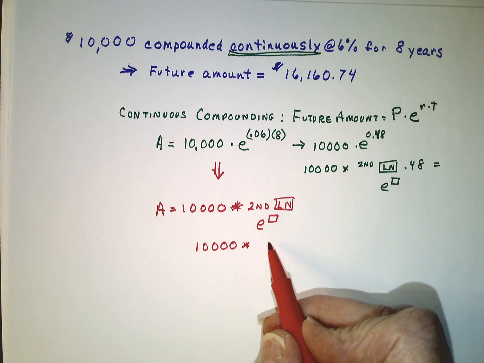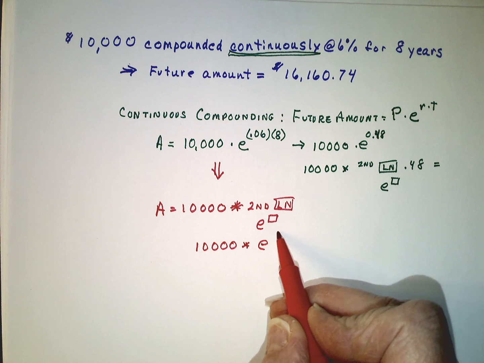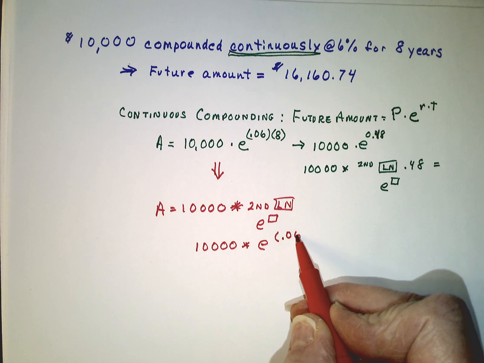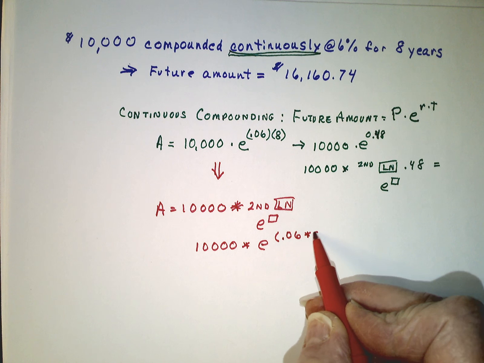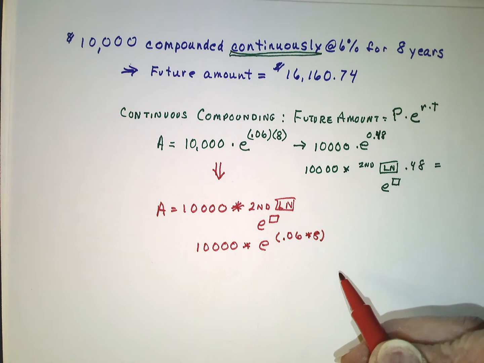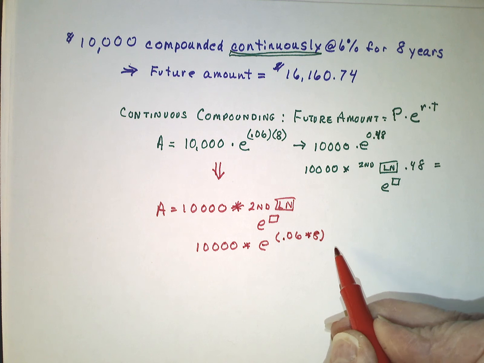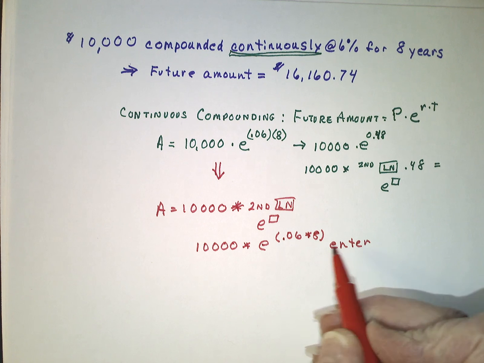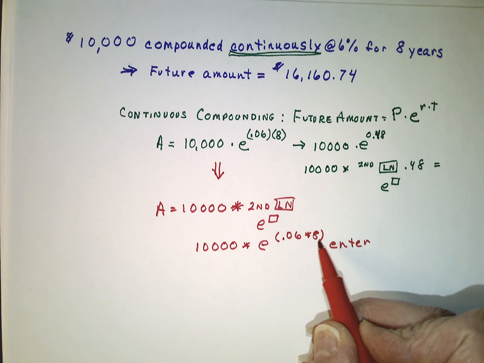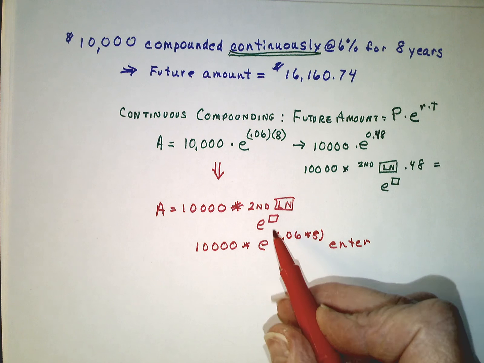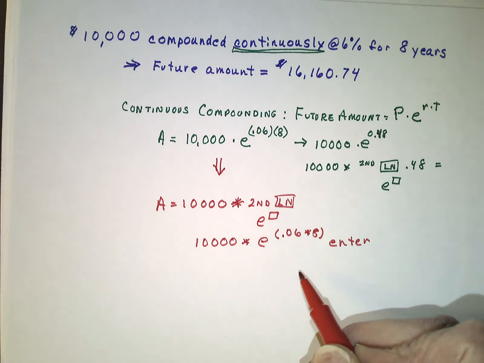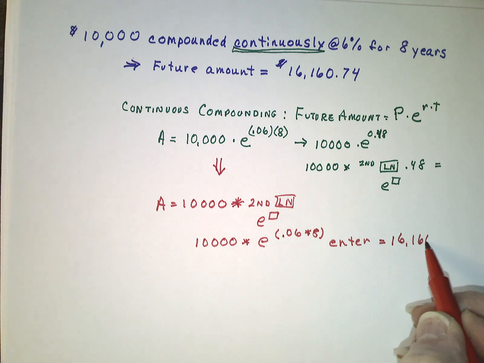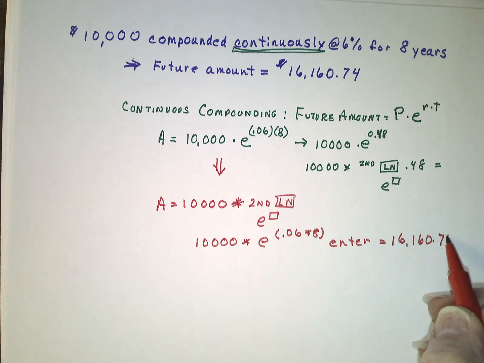You might have to actually put it in as e to the parentheses 0.06 times 8 close parentheses, and then hit the enter or the equals button. You may have to tell it to do that multiplication all as part of this exponent, and then it should come out to the $16,160.74.